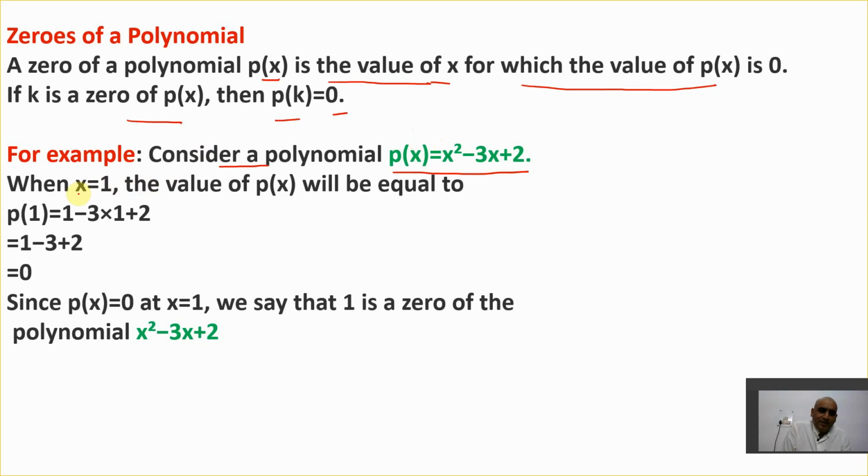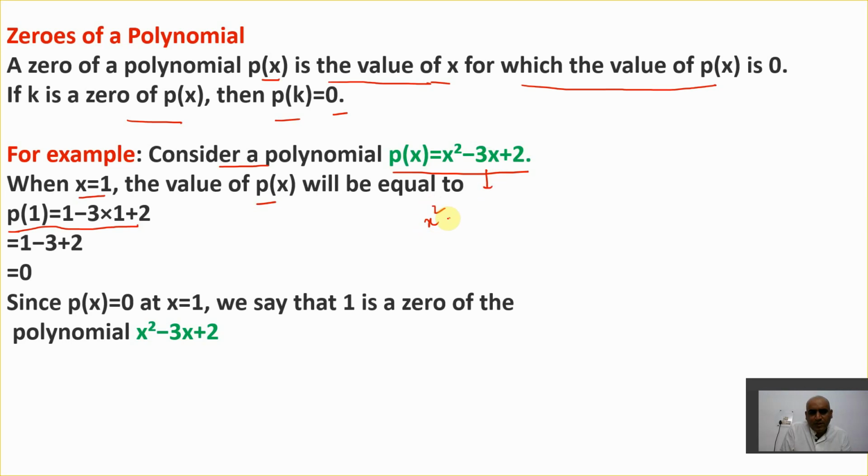Now let's say, for example, I put x is equal to 1. When I put x is equal to 1, let's take the value of p(x). So let's solve it ourselves.